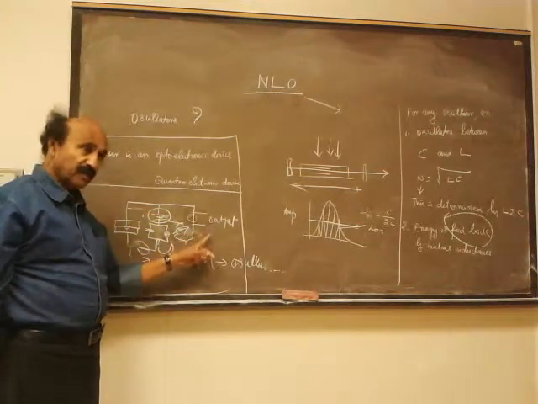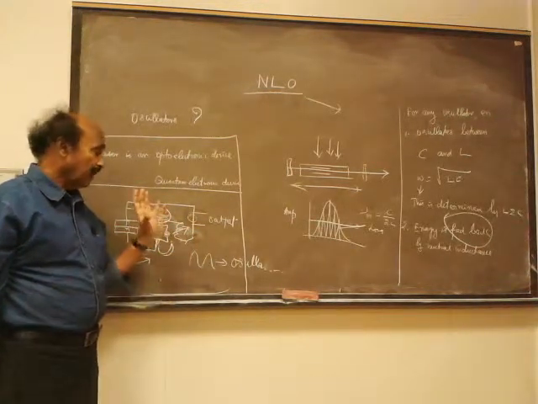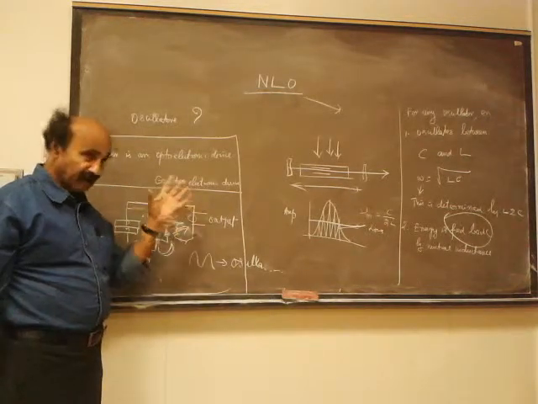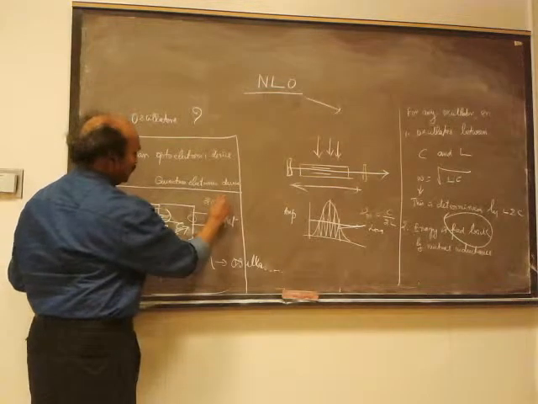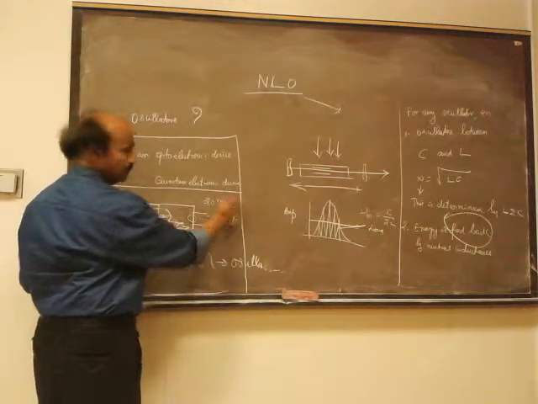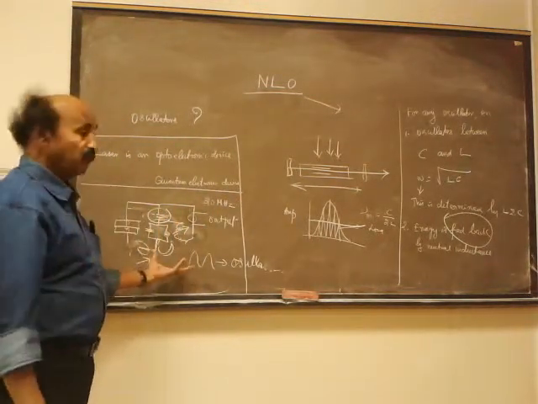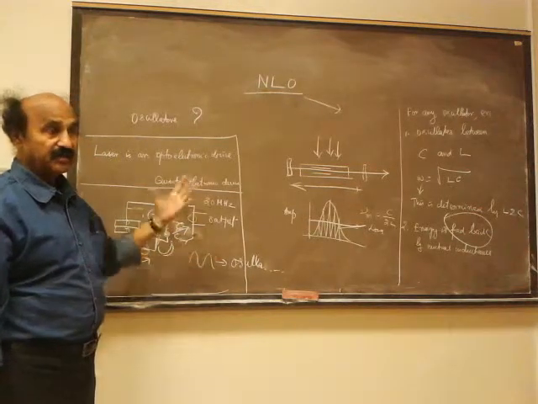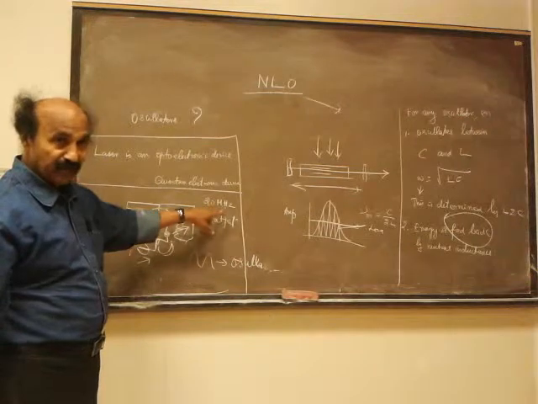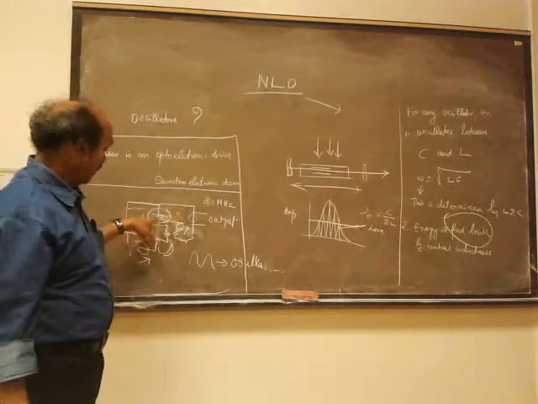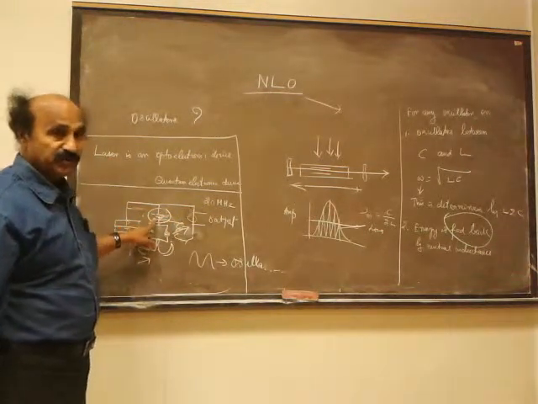What we get from here is an electromagnetic wave of, let us say, 20 megahertz. This is how any electronic oscillator is designed. Look, this is 20 megahertz, but I start from 10 volts.